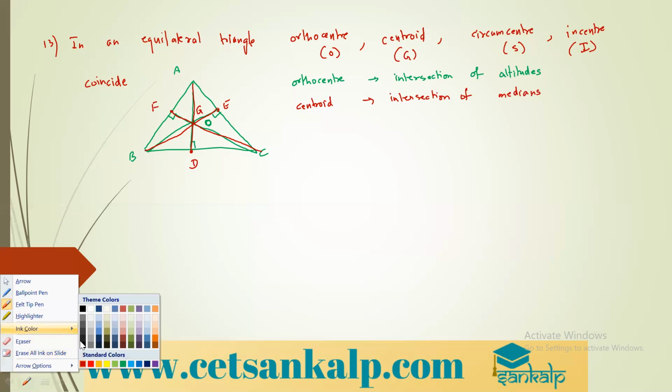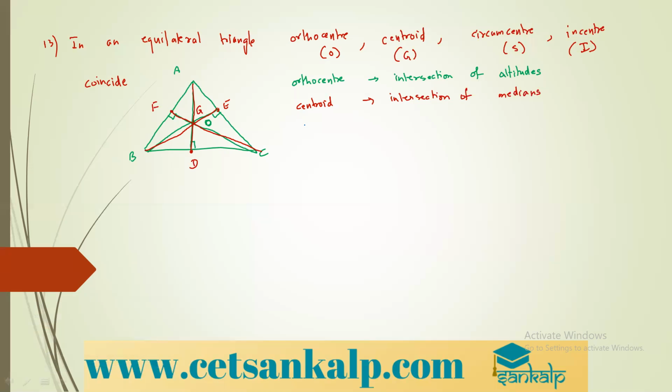Next, circumcenter. What is circumcenter? Intersection of perpendicular bisectors. So I will take the midpoint and perpendicular, the midpoint and perpendicular, the midpoint and perpendicular. The point of intersection is the circumcenter. Lastly, incenter.